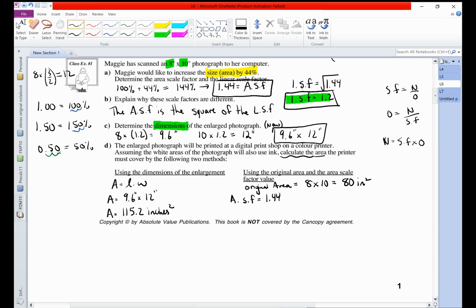We're looking for the new area, so I can go scale factor multiplied by original area. So the new area will equal 1.44 multiplied by 80, and when we do that, we get 115.2 inches squared. So you can see it's the same answer, whether you use the new dimensions to calculate the area, or you find the area scale factor and then convert the original area to the new area. Either way is going to work.